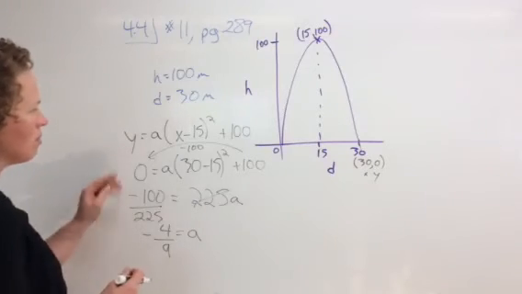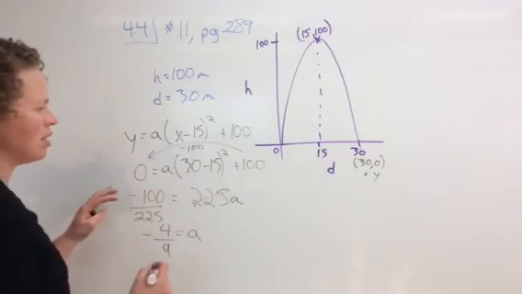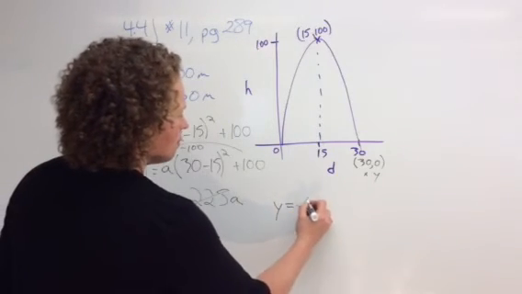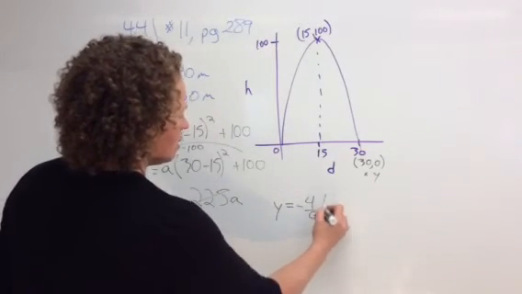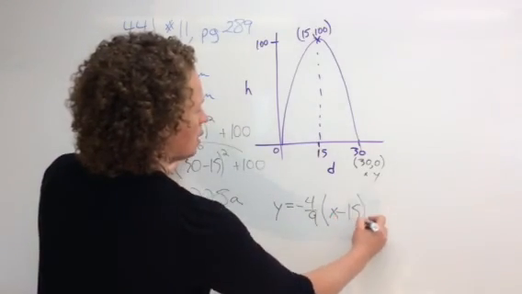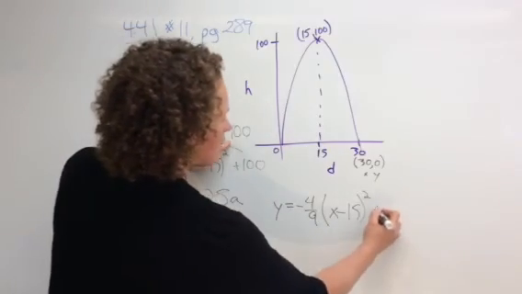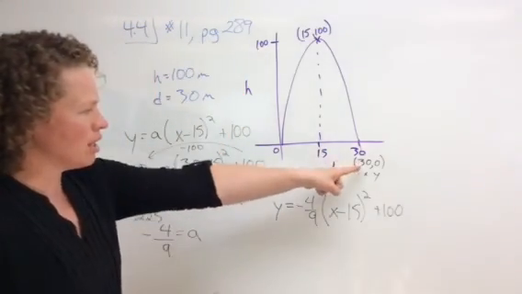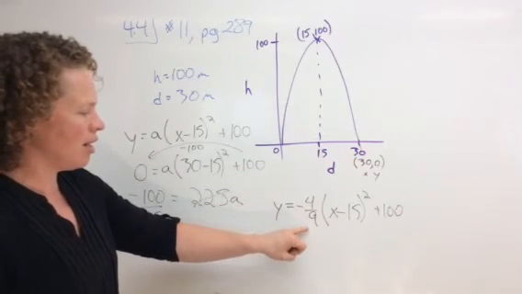Then I'm just going to rewrite this equation because it's a little messy here. I'm going to substitute negative 4 over 9 in for a, following the same pattern: x minus 15 squared plus 100. So I've used algebra by plugging in an extra point to get my a.